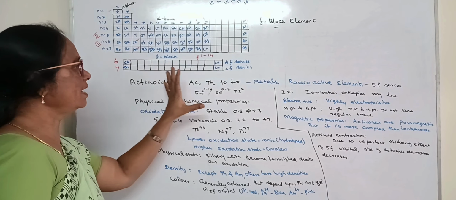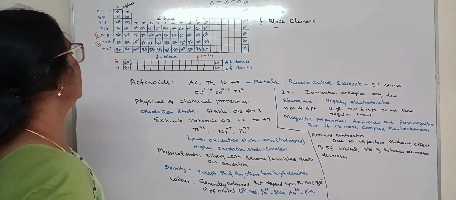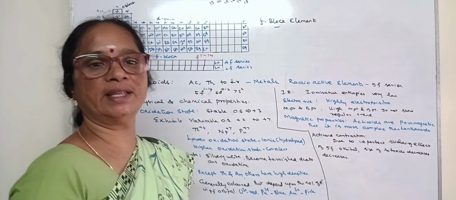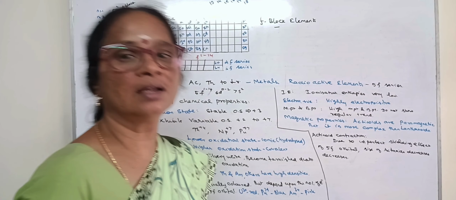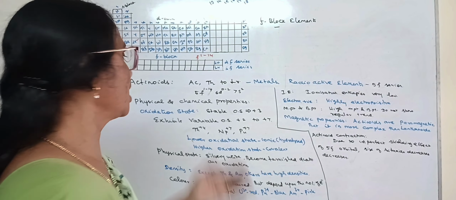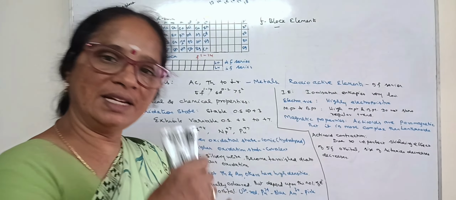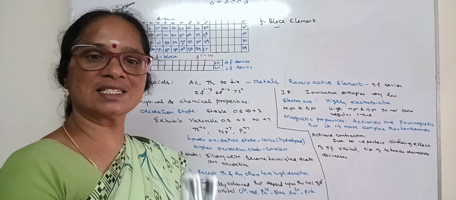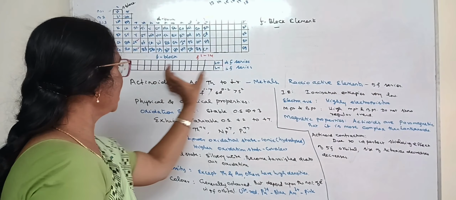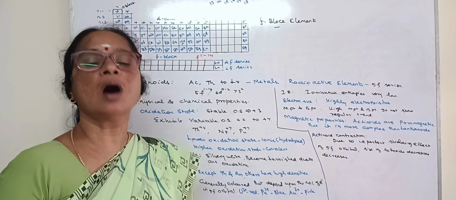Almost all the elements are radioactive, but up to uranium, those elements are naturally occurring radioactive elements. After uranium, they are said to be transuranium elements, artificially synthesized radioactive elements. And these radioactive elements possess very low half-life.